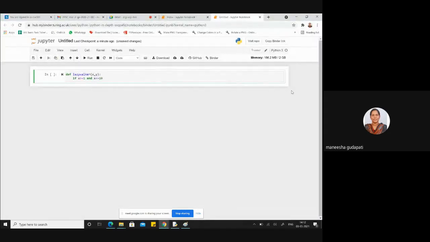Only then should you give the output, otherwise you should not produce any output. In the same way, check the y condition as well: y should be greater than or equal to 1 and less than or equal to 10 power 6. Then, if this condition is satisfied, what are you going to do?